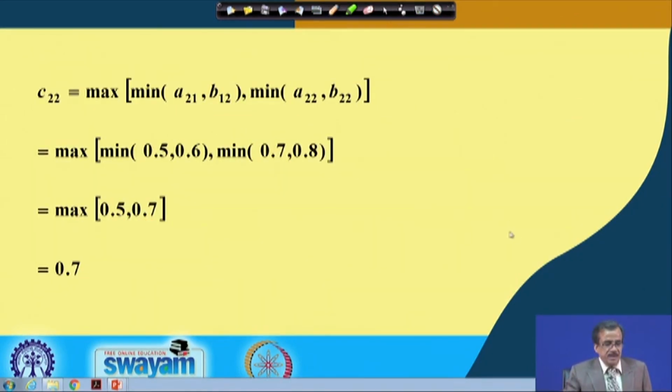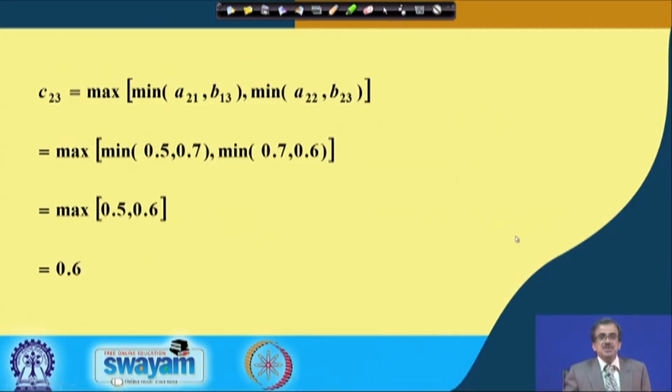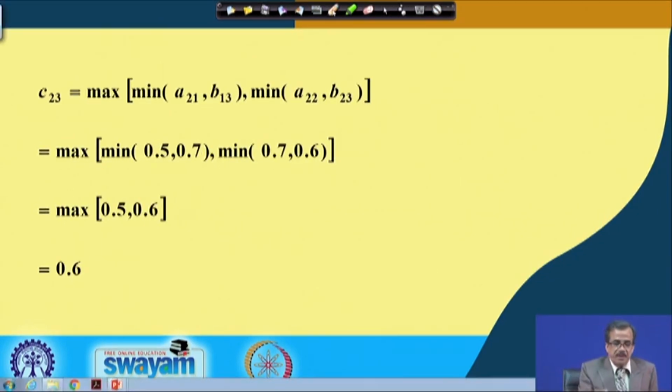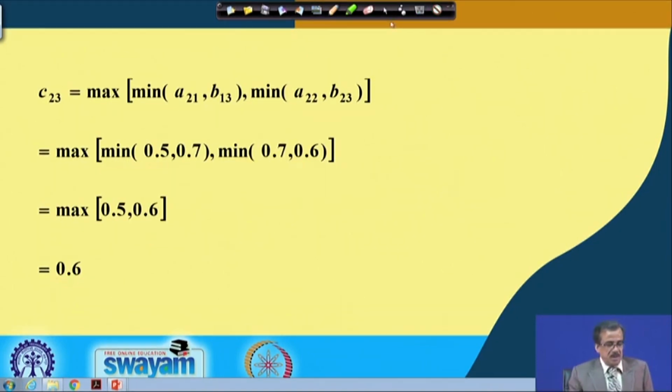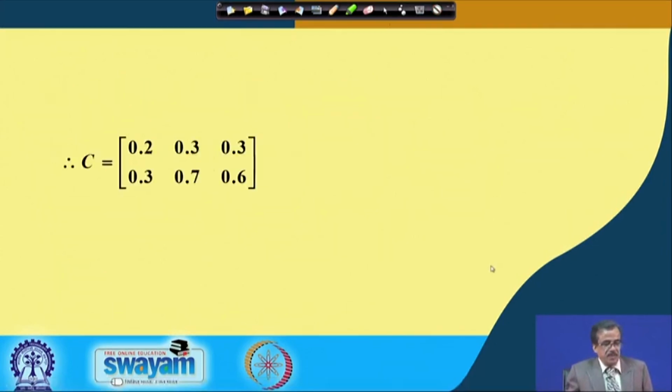Now, the next is C23. So, I can find out what this C23 is. This is this particular expression. Substitute the numerical values, you will be getting this, and find out the maximum between 0.5 and 0.6. So, you will be getting C23 as 0.6. Then we can write down the C matrix with all the elements.